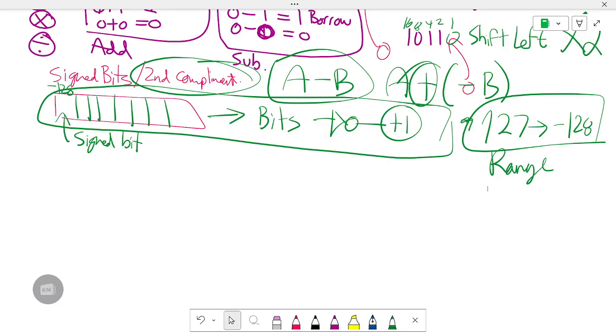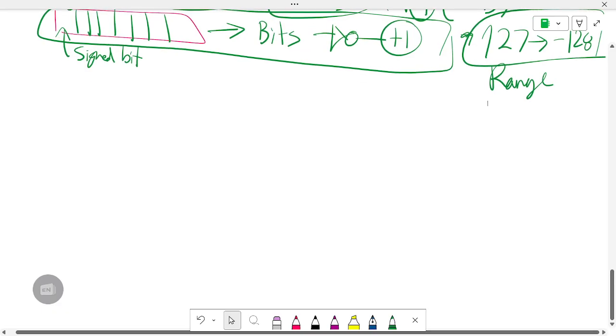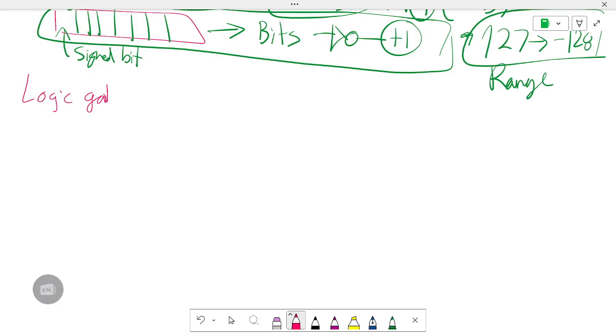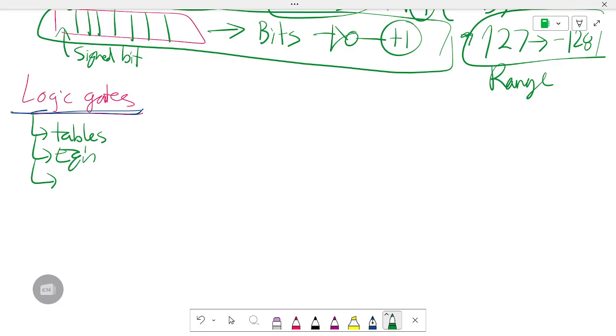Logic gates. Almost there. I know this is a lot. We've been studying a lot. For logic gates, what you need to be able to do is tables, equations, and diagrams.